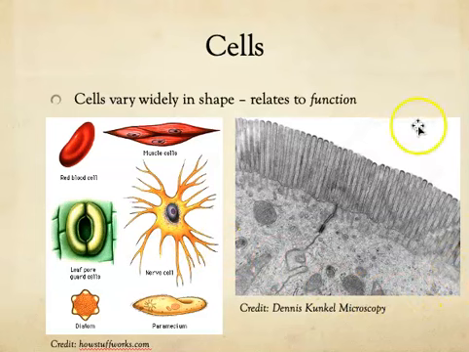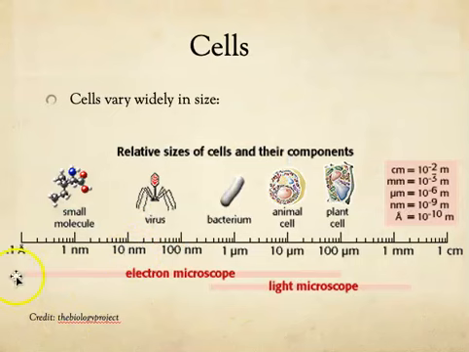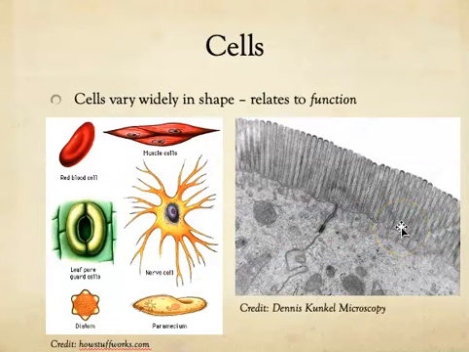Over here on the right-hand side of the slide, you're looking at one here and then one here, two animal cells. The junction between the cells is right here. These are animal cells that are being examined underneath an electron microscope, so much more powerful than a light microscope. And if you recall from the previous slide, electron microscopes are capable of magnifying even the very smallest parts of a cell.